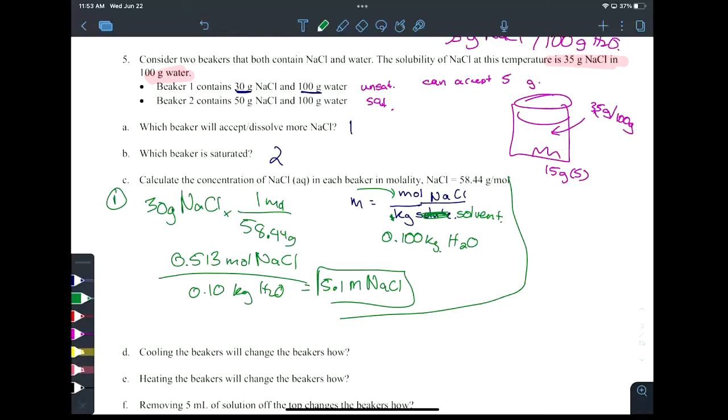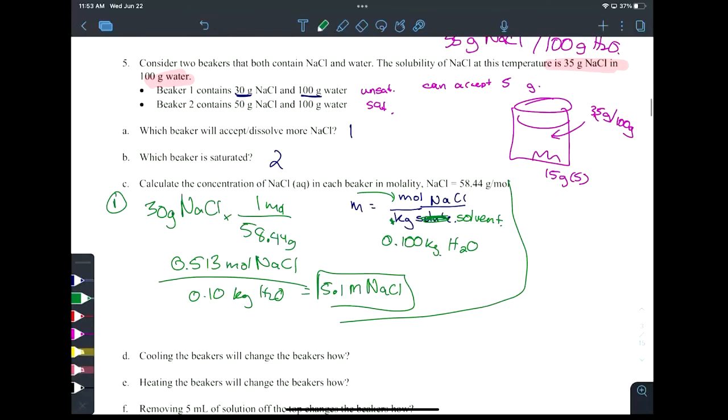So when we calculate molality for beaker 2, what number do we use to get moles of NaCl dissolved? Do we use 50? Do we use 15? Do we use 35? 35. We use the grams of NaCl actually dissolved in the water.